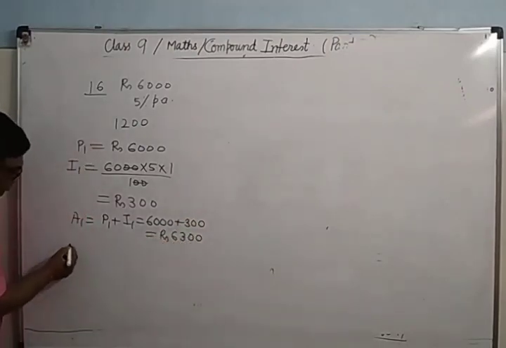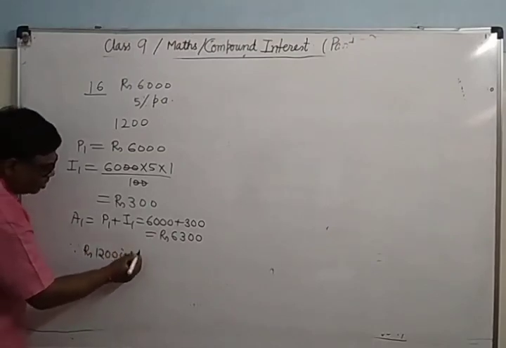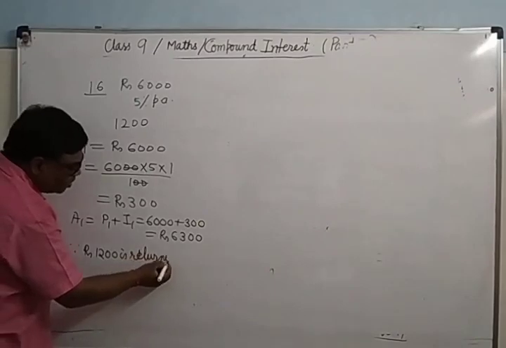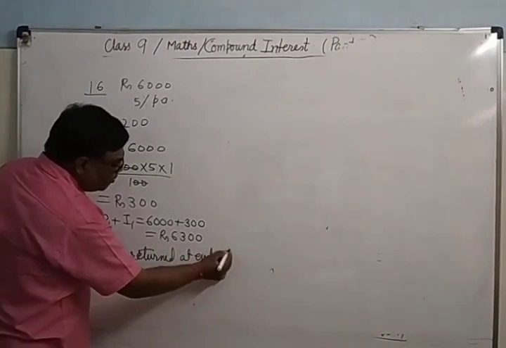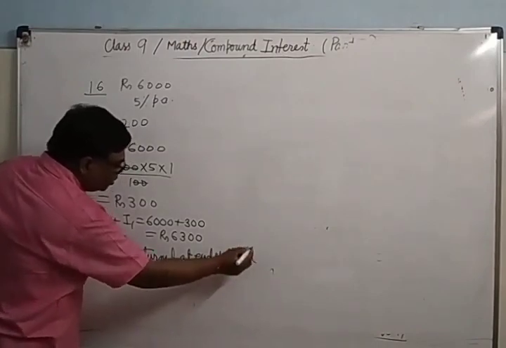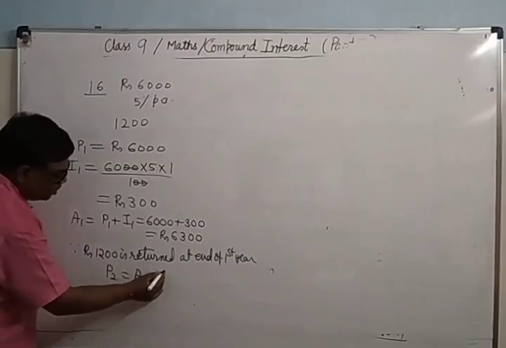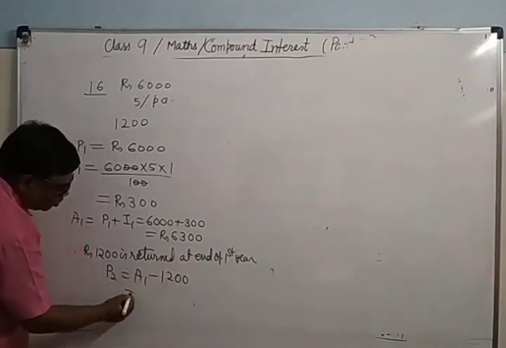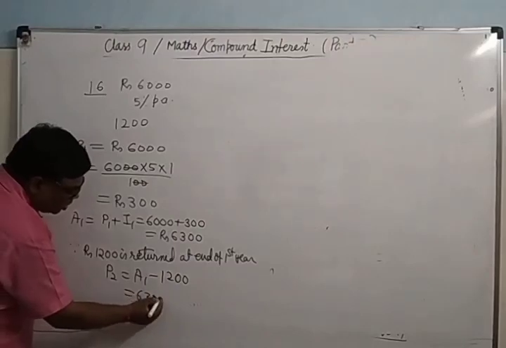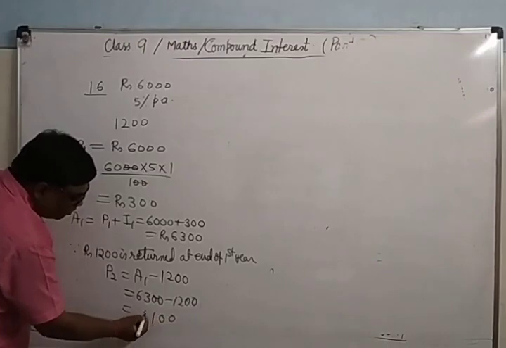Now you will write, since rupees 1,200 is returned at end of first year. So what is P2? P2 will be equal to A1 minus 1,200. So this is equal to 6,300 minus 1,200, which is 5,100.